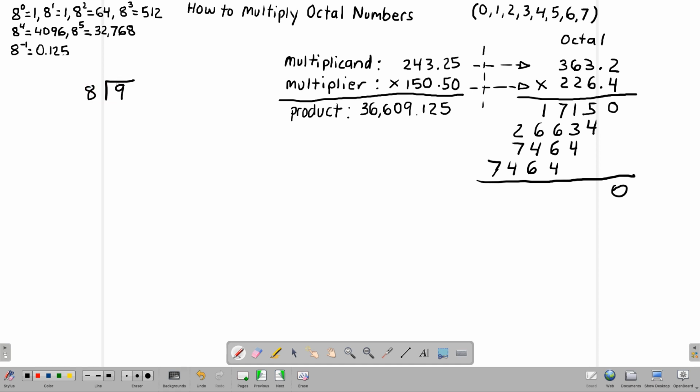So 8 goes into 9 one time. 8 times 1 is 8. We subtract 8 from 9, we get the value 1. And so it says 9 is represented in octal by the value 1, 1. So 1 goes here, and then a 1 is carried.